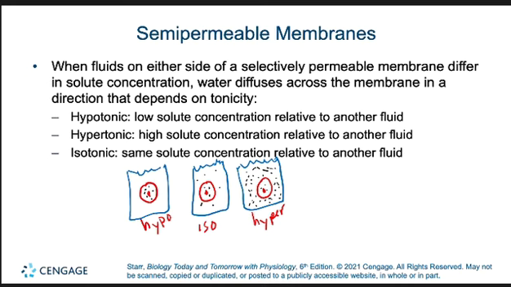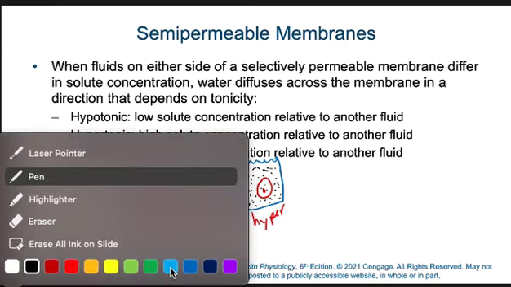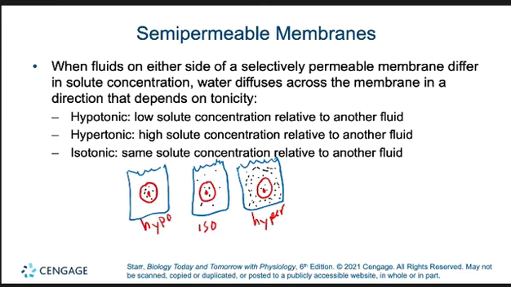So the question we want to ask is, what is the direction in which water is going to move? To see that, let's use blue arrows for water. In a hypotonic solution, water is going to enter the cell more rapidly than it will leave.